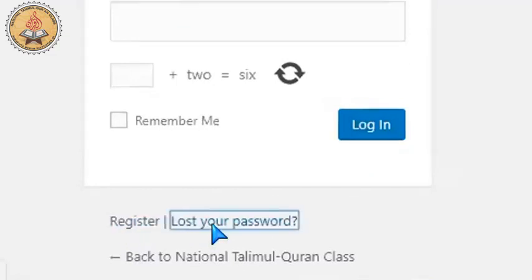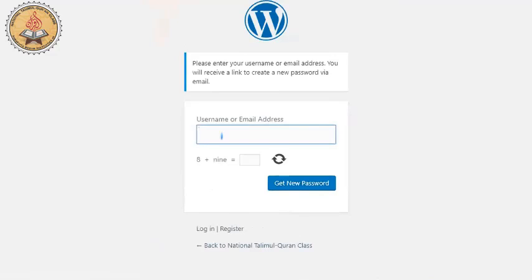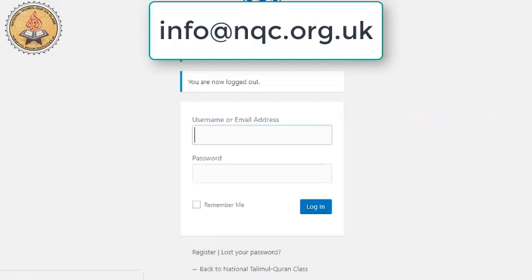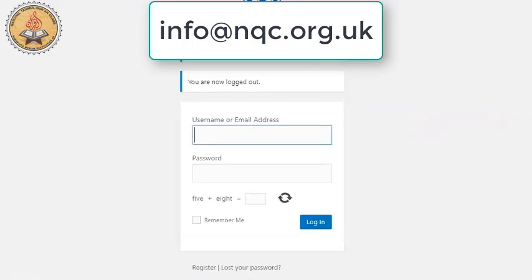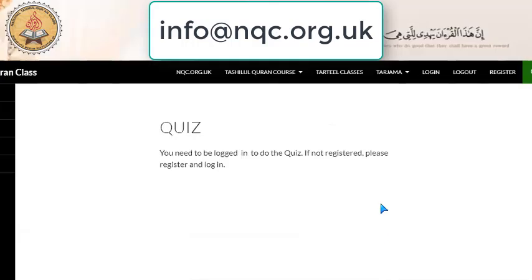Click on that, put your username or email address, answer a simple question, get the new password, and look for the email in your inbox. Sometimes it may go into your junk mail. If you have any problems or your password is not being reset, just contact me at info.org.uk, and inshallah ta'ala we will resolve your problems.